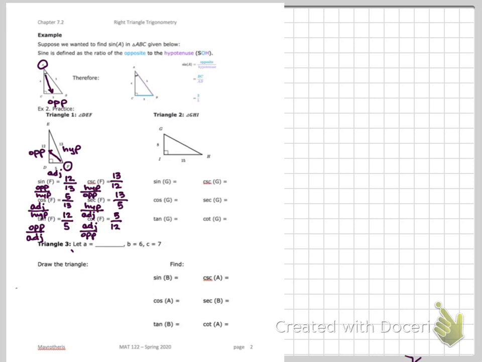All right. Triangle 2, we've got triangle GHI. I is our right angle. Notice here we have the 2 legs labeled, but we don't have the length of the hypotenuse. So when you have a right triangle, for any right triangle, we can use the Pythagorean theorem.